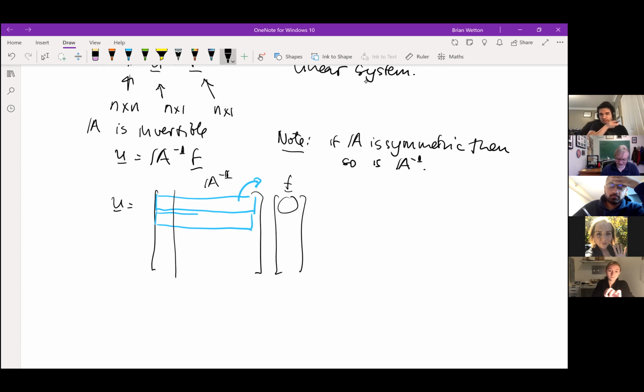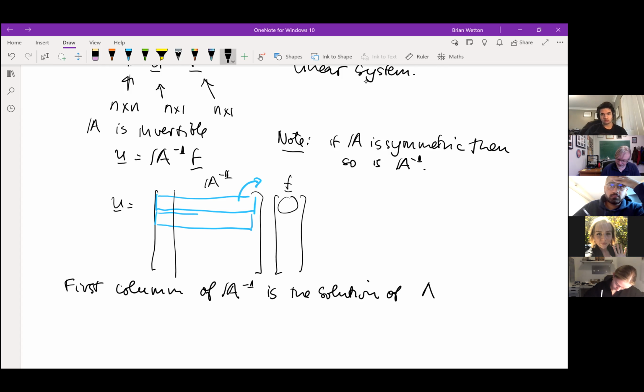right? So if I looked at F1 as being just 1 and the rest zeros, so if I had a standard basis vector that was 1 with all zeros, then I can see that the first column of A inverse is the solution of A times U equals the standard basis vector.